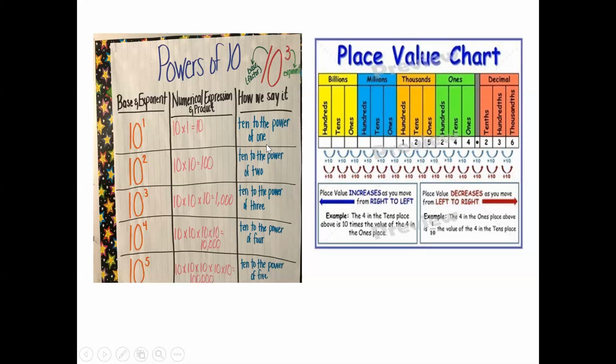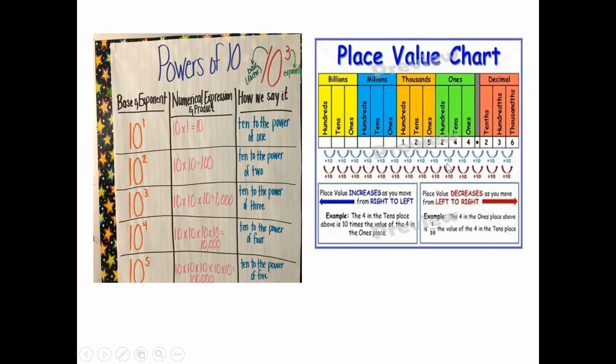It's going to bump to the left. If I divide by a power of 10, then it's going to move to the right, meaning that the number then gets smaller, okay? So just think about that. Dividing is making smaller pieces. Multiplying is increasing the number that you have, okay?